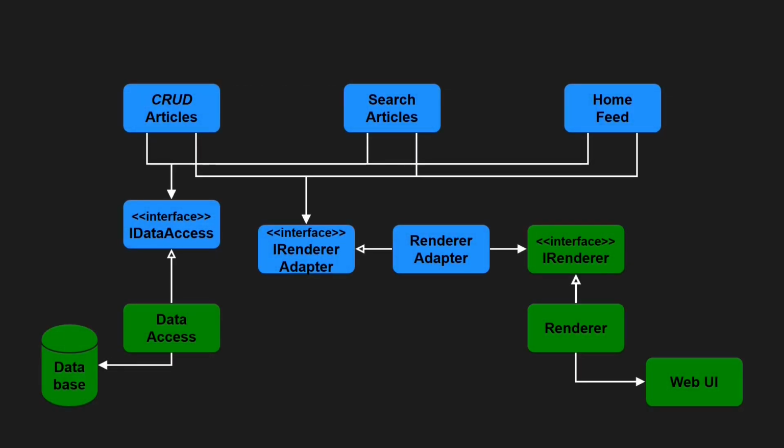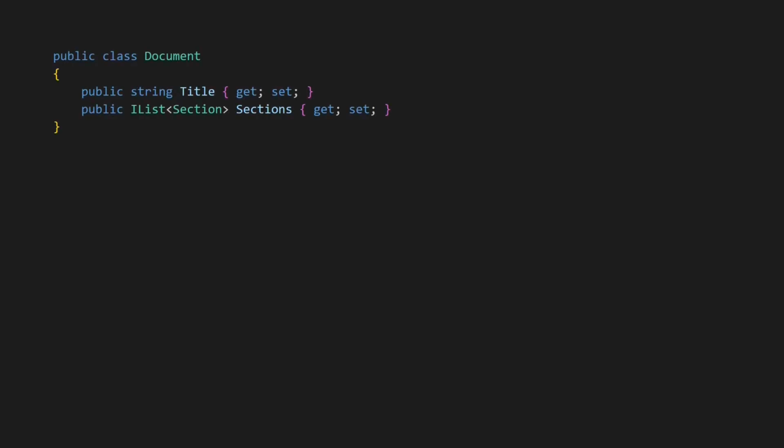How could an appropriate abstraction of the renderer module look like? How could we abstract rendering HTML on the one hand and rendering an article for an Android native UI on the other hand? One approach could be to define some data structures representing the abstract structure of a document. We could have a document type which has a title and a list of sections.